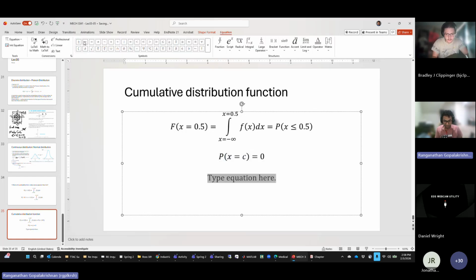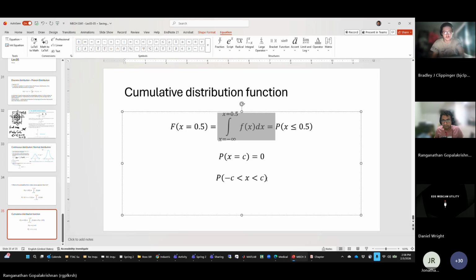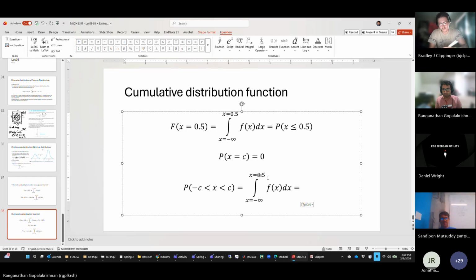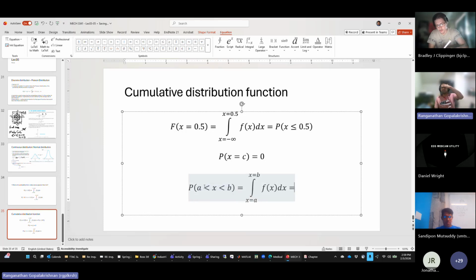Only the probability that x takes on a certain range, let's say minus c less than x less than c, is non-zero. Is basically this. By the way, somebody asked me through email, what about if this is the integral a to b of f of x dx?